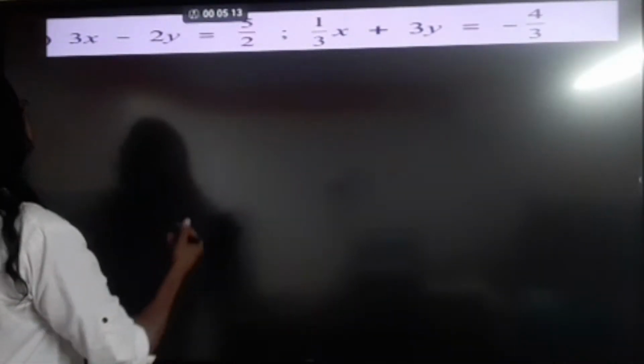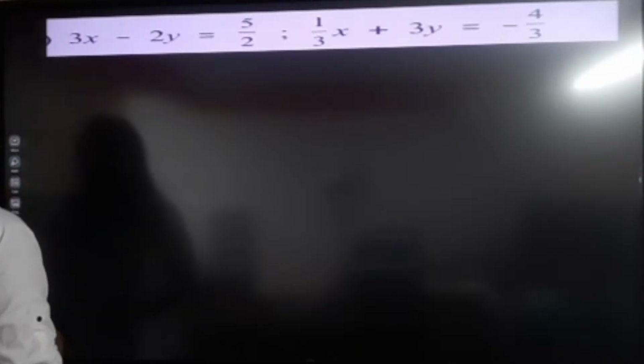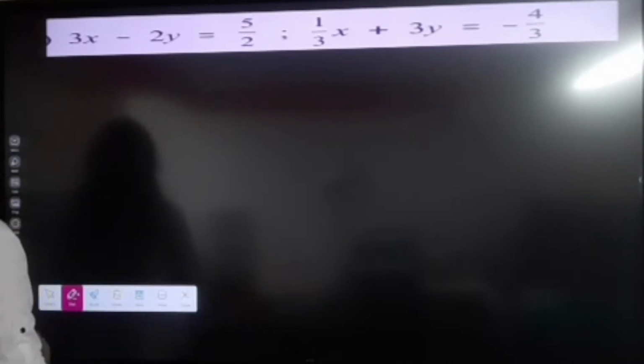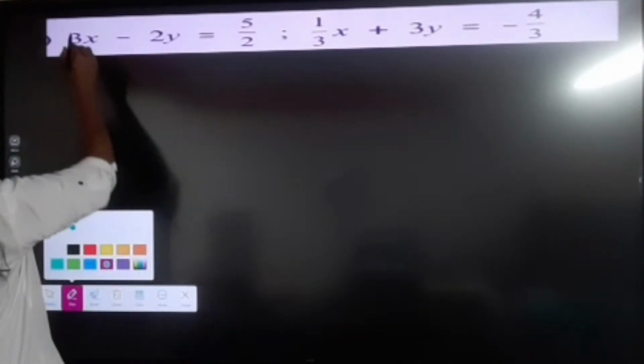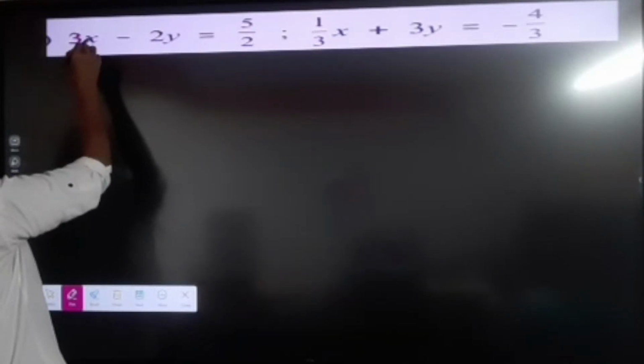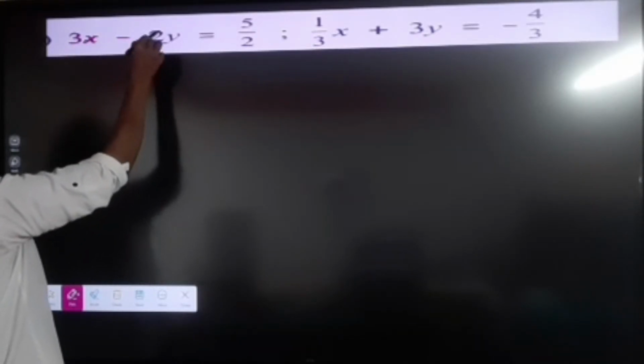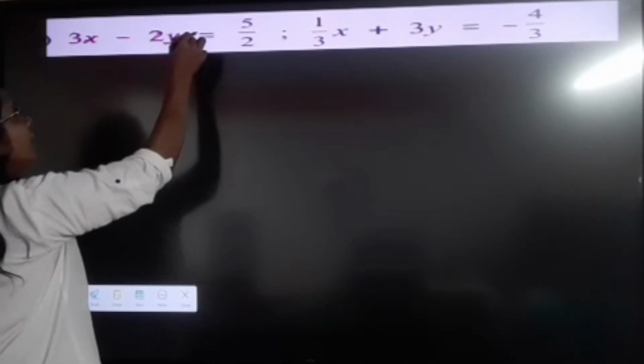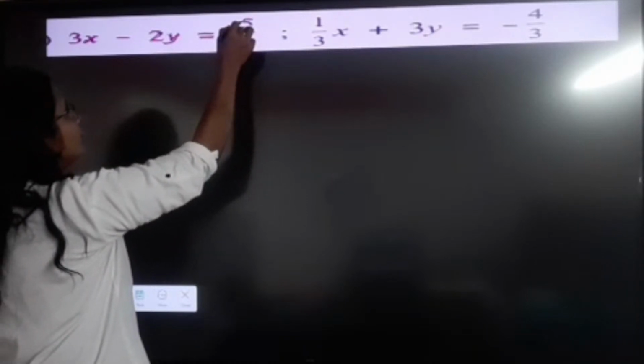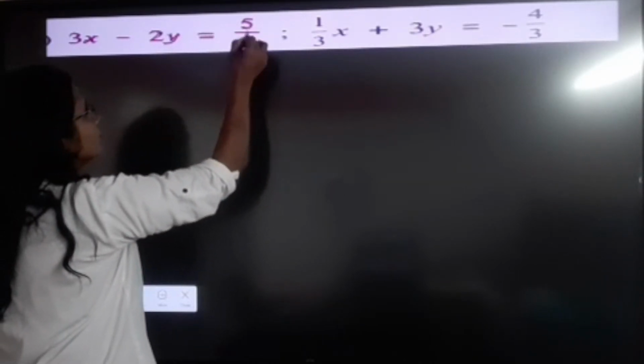So the next example is, students, 3x minus 2y is equal to 5 upon 2.